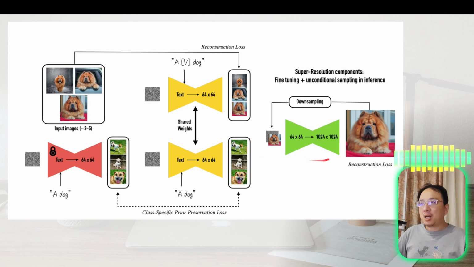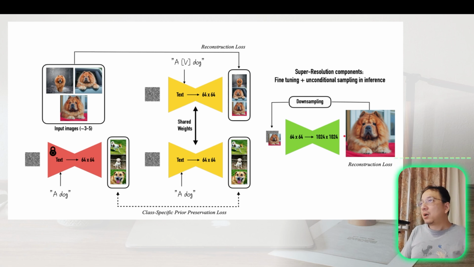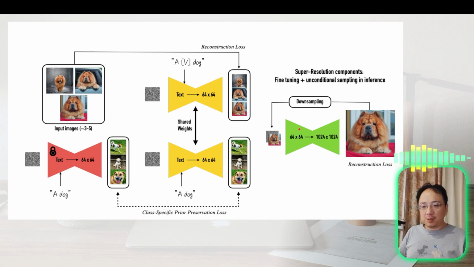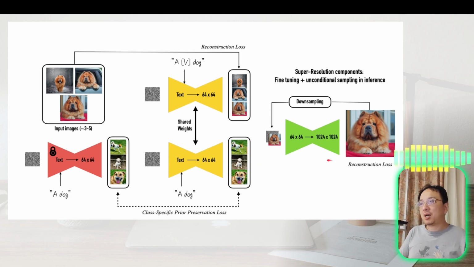Okay, so basically we're just fine-tuning the denoising UNet. And because Imagen has a super resolution component, we also need to fine-tune the super resolution part if we are applying it to Imagen. But since Stable Diffusion doesn't have a super resolution part, this one is totally discarded.